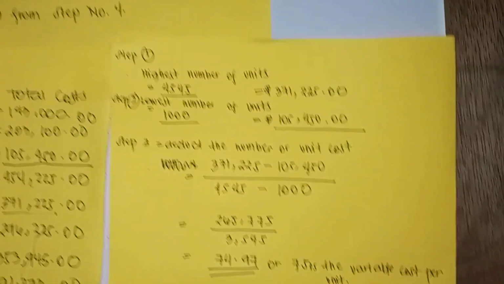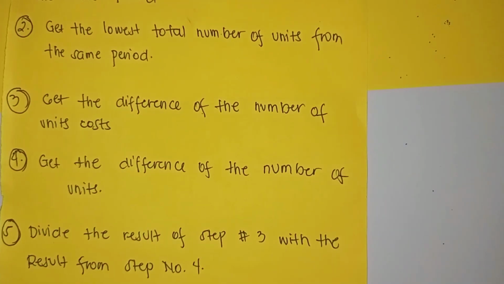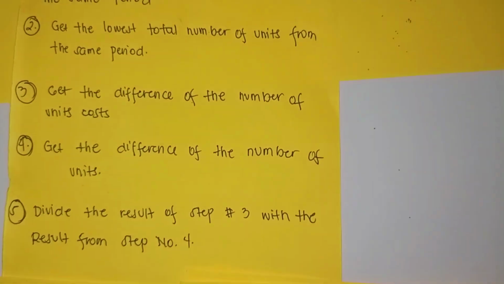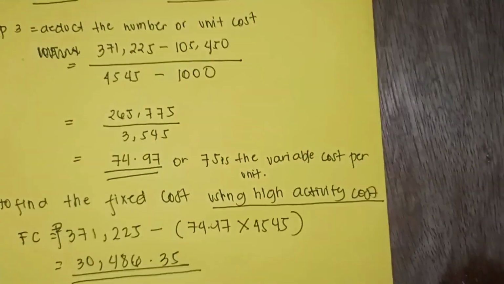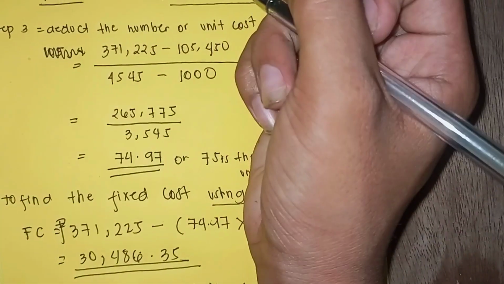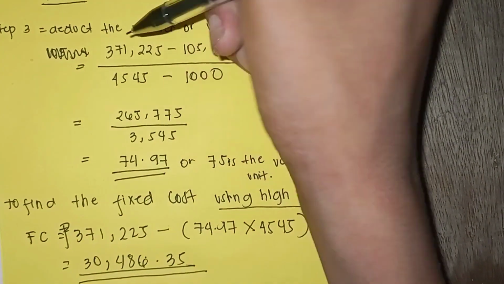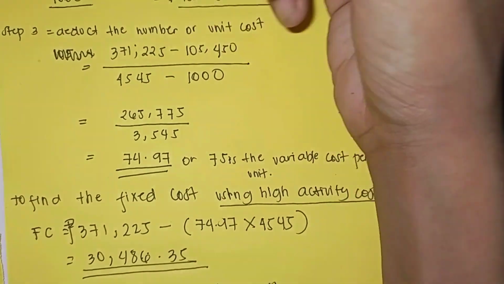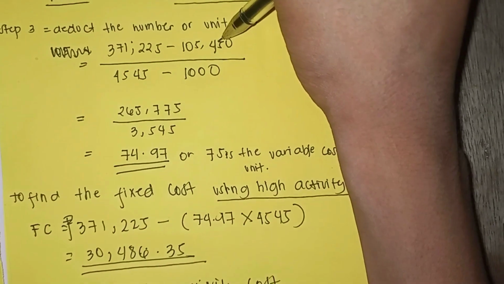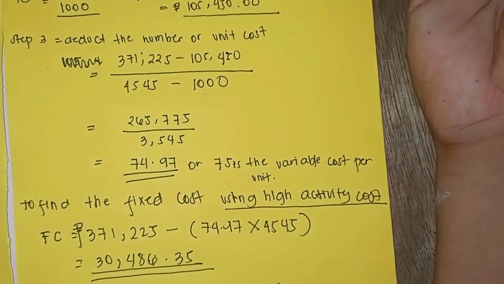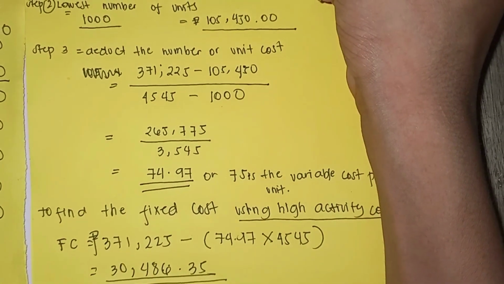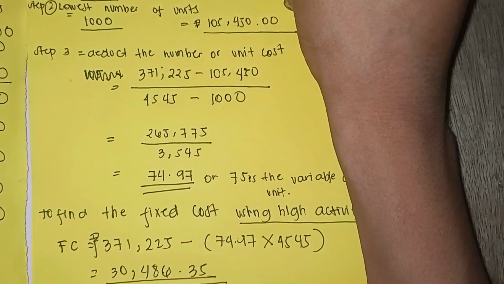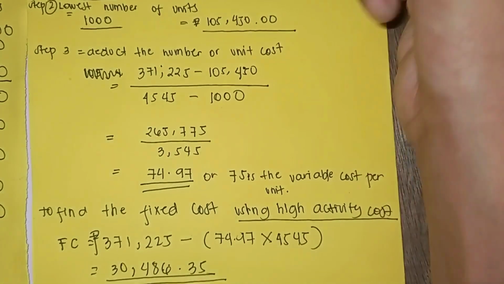And then step number 3 is to get the difference of the total cost. So this is the high. We will use the highest number minus, or deduct, the lowest activity. So again, the highest total cost, as we can see, is 371,225 pesos.